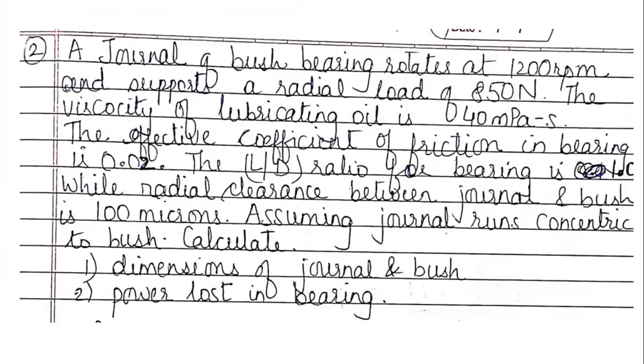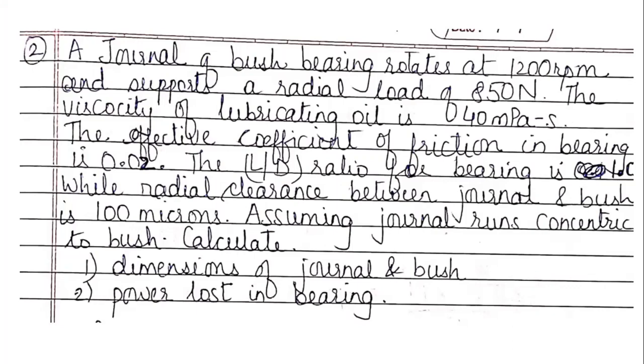You can see I'm reading out: the journal of a bush bearing rotates at 1200 rpm and supports a radial load of 850 Newton. The viscosity of lubricant oil is 40 megapascal second. The effective coefficient of friction in the bearing is 0.02.